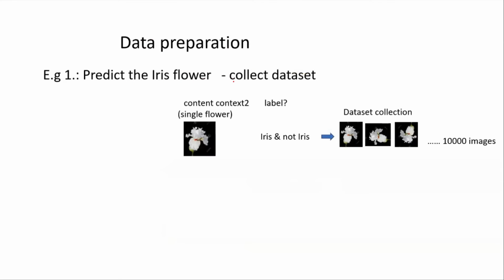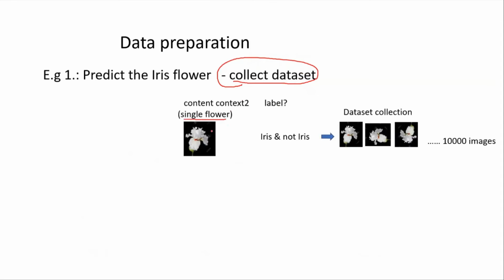Now, what data set are we to collect? After you clarify your problem statement, you have to ask yourself what data set to collect. Looking at this, our problem statement is a single flower.